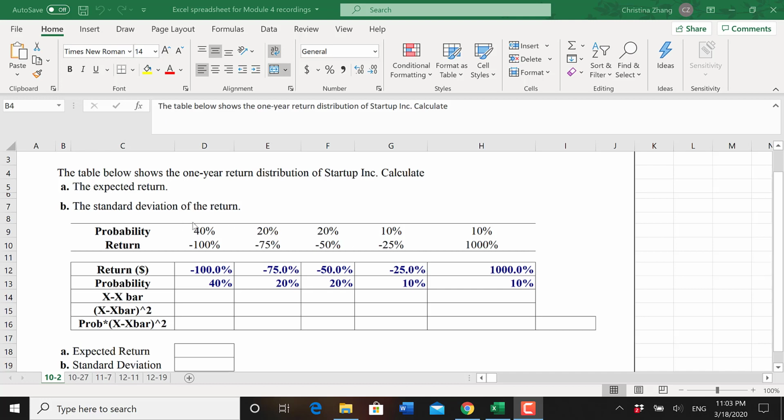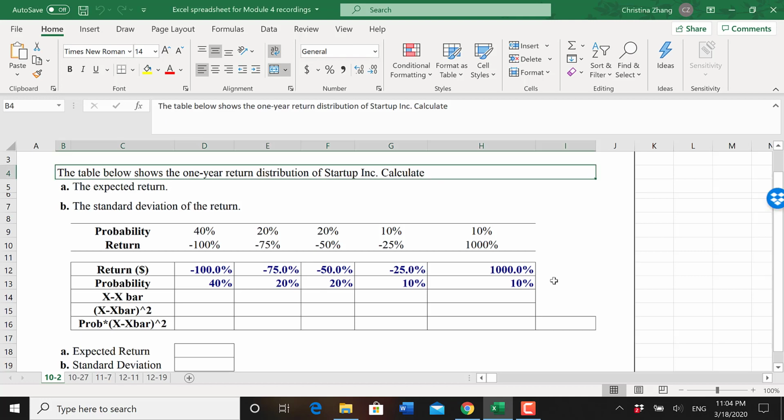The sum of your probability should equal 100%. In this case you have 40% plus 20% plus 20% plus 10% plus 10%, which exactly equals 100%.